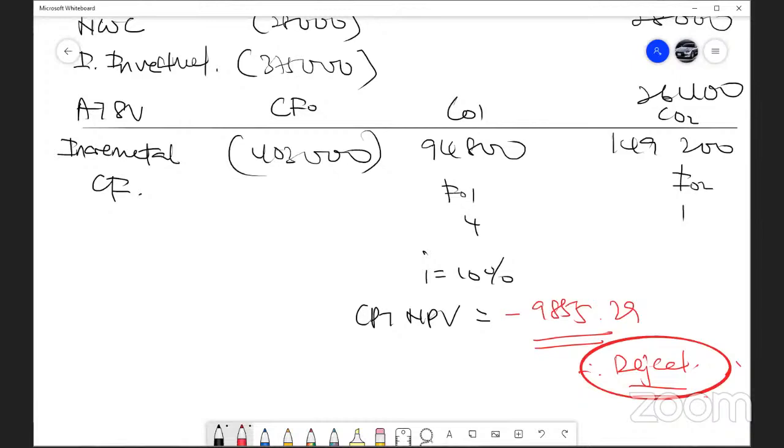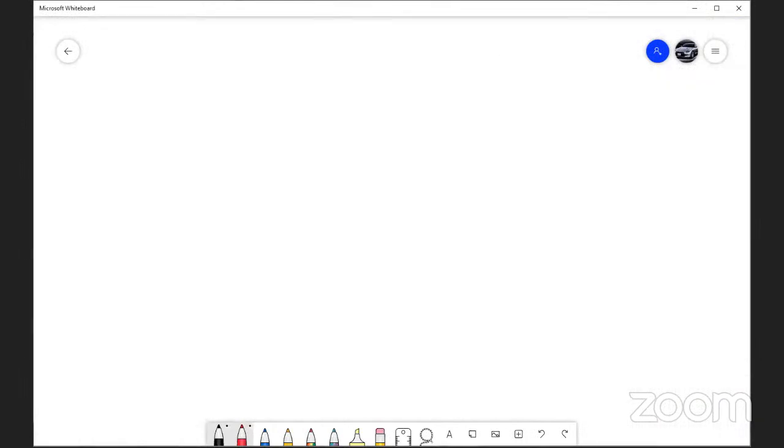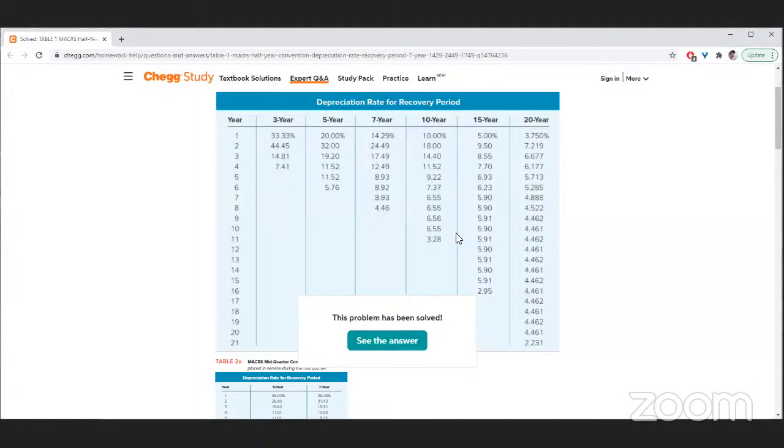Now, I show you the table again. MACRS for 5 years. This question is telling you the asset will be used in a 4-year project, falling in the 5-year MACRS. So look at this chart, but only until year 4: 20%, 32%, 19.2, and 11.52.